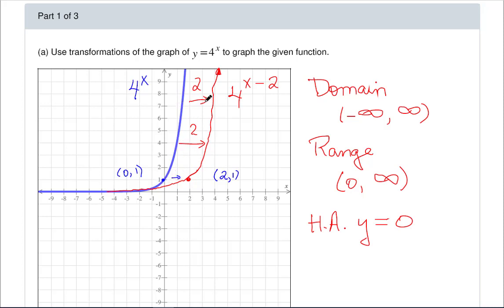The rest of the graph gets shifted as well to the right by 2. Domain doesn't change. Range doesn't change. Why? Well, we didn't move anywhere up or down. Horizontal asymptote stays the same because we just moved left or right, and in this case, right.